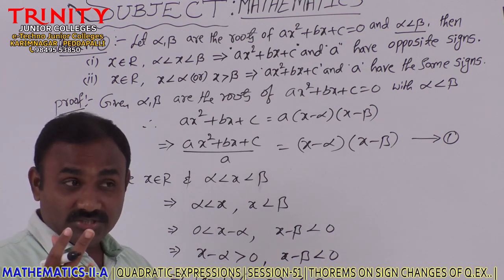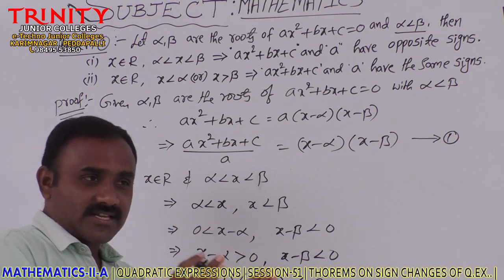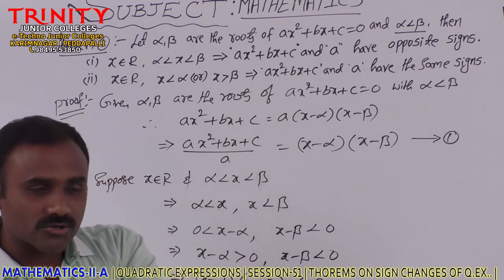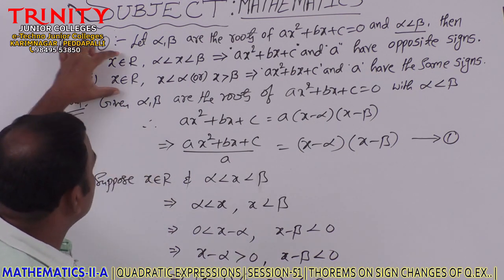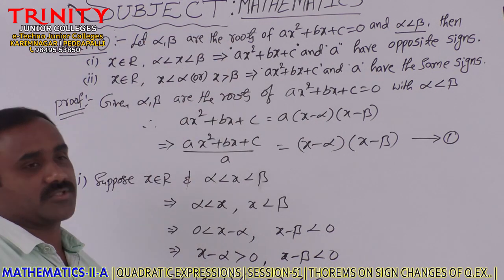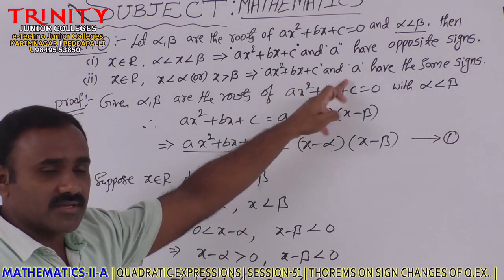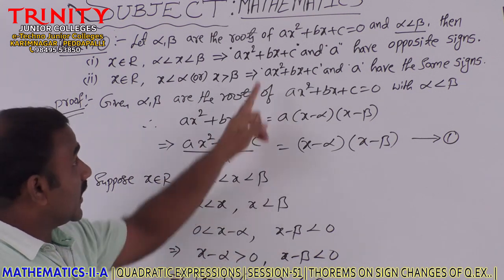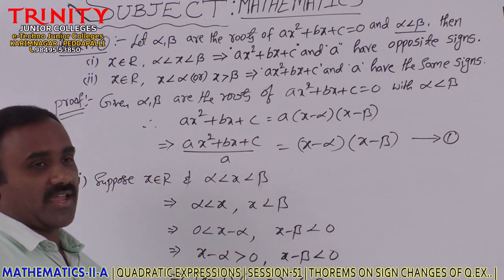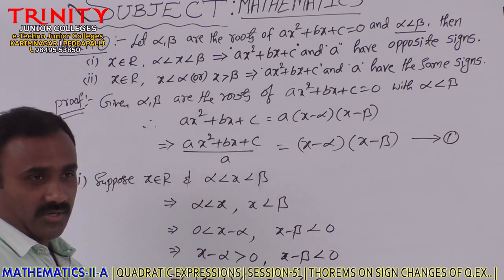When the quadratic expression is greater than or equal to 0, y is less than or equal to alpha or y greater than or equal to beta. We did that concept there. You can check these two conditions from the problems. When these two have the same signs, y doesn't lie in between alpha comma beta. If these two have opposite signs, x lies in between alpha comma beta.